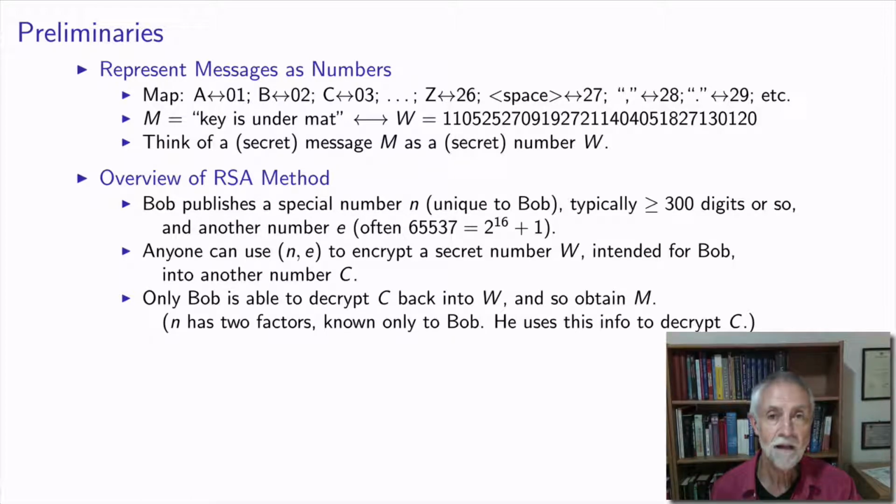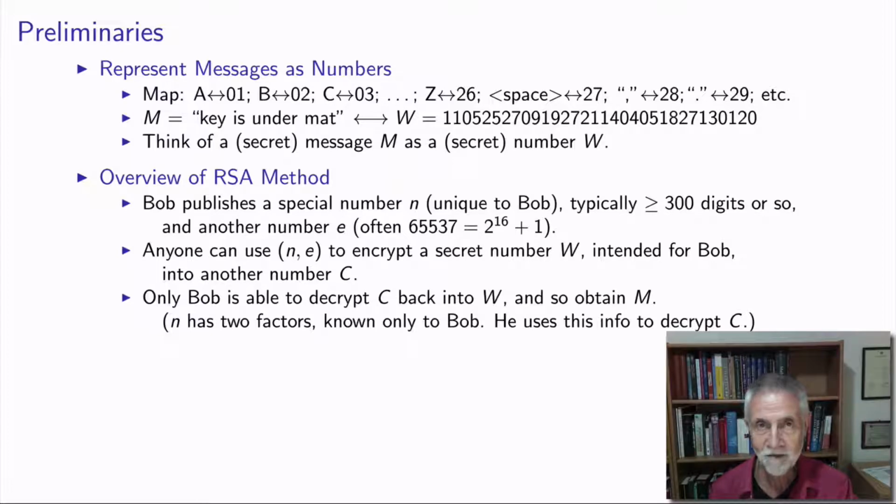And there will be one other number, E, given by Bob, and both of these numbers are made public. E is not particular to Bob, and in fact it's often convenient to take E to be this number here, 2 to the 16 plus 1, which is prime, which is 65,537. Sometimes E will be a prime as small as 3 or 5.